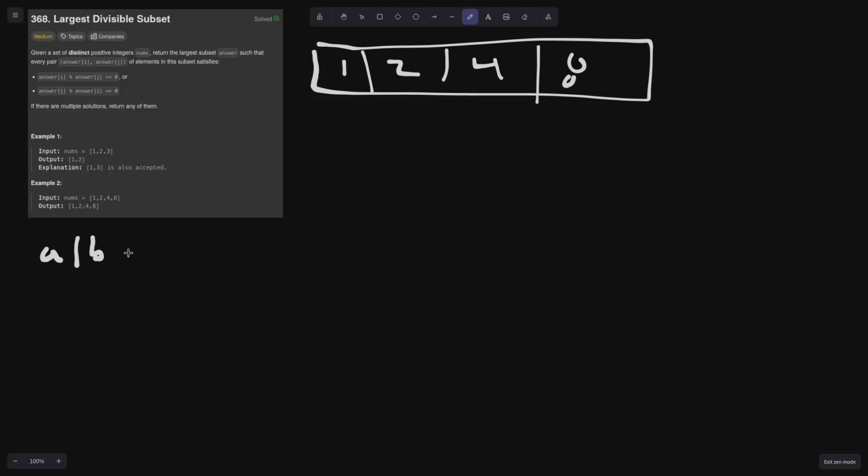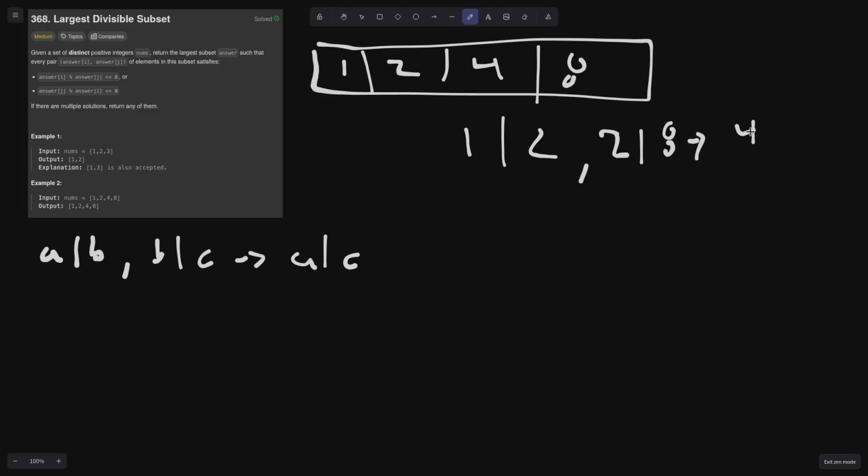So if A divides B and B divides C, then A divides C. So this basically says that if 1 divides 2, which is true, and 2 divides 8, which is true, then 1 divides 8. Can we all agree on that? So hopefully that makes sense. And this is what we're going to leverage in our problem solving here.